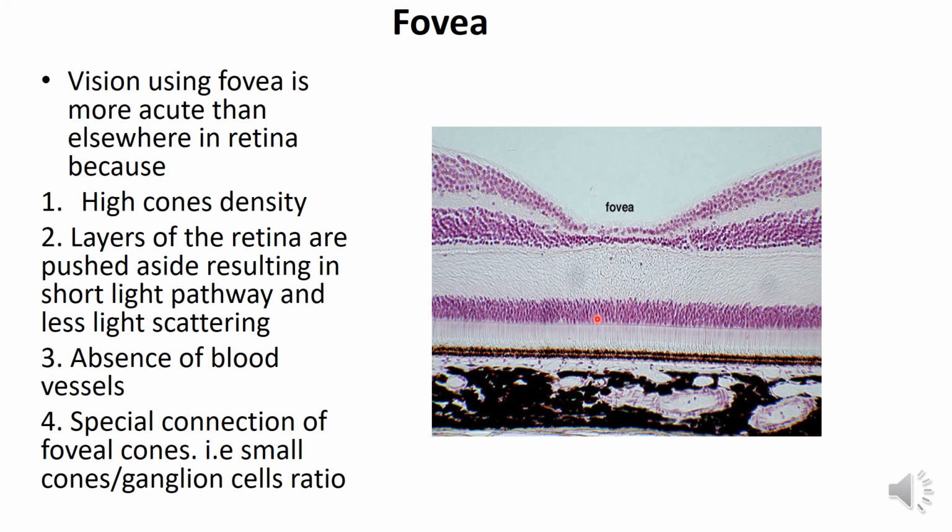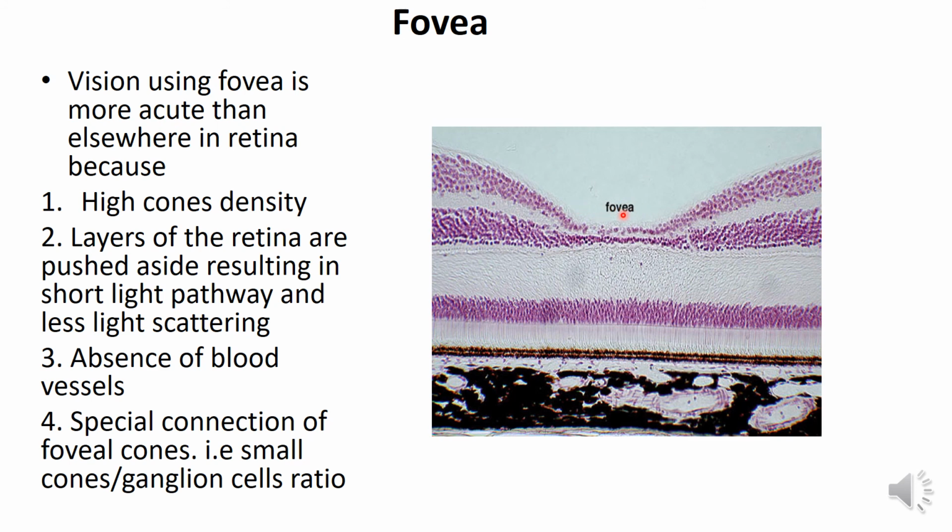The other reason, as you can see, is that the layers of the retina are pushed aside and the light pathway becomes short, so it reaches the photoreceptors easily. The other reason for high acuity of vision of the fovea is the absence of blood vessels covering the fovea.